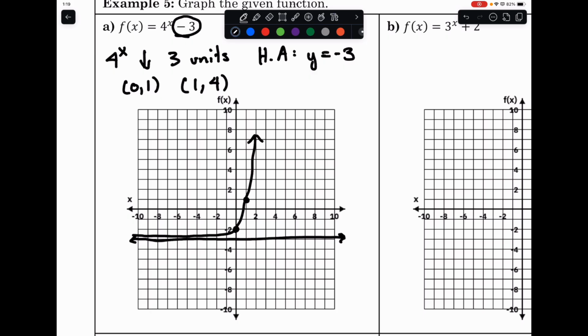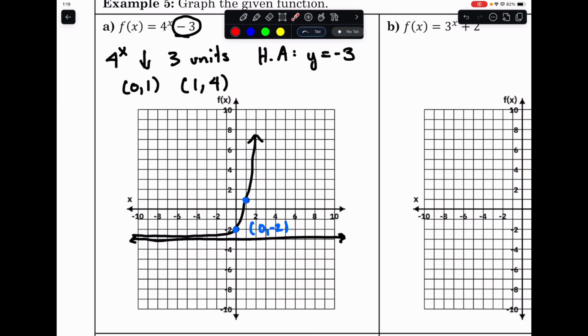Very, very cool. See? And if we analyze in more detail what's happening to the y coordinates, you're going to see that the y coordinates of the original location of 4^x are now just simply 3 units lower. So if I do 1 and I subtract 3, I see that the location is (0, -2).